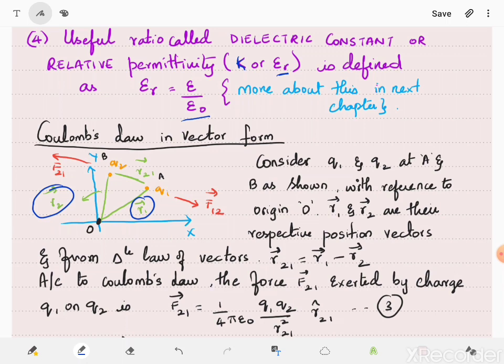And from the triangle law of addition, one can see that the relative separation between A and B is given by vector R21, which is equal to R1 minus R2. And we shall use Coulomb's law. According to Coulomb's law, charge Q1 exerts a force on charge Q2 and charge Q2 exerts a force on charge Q1.